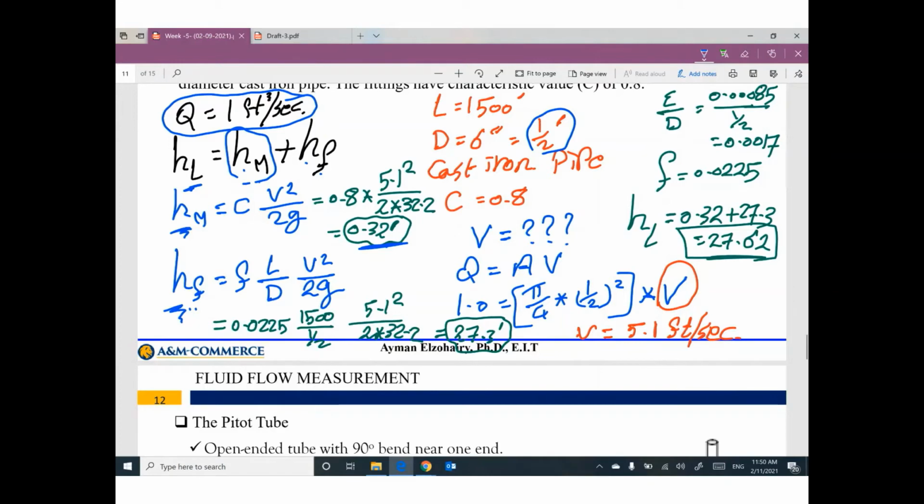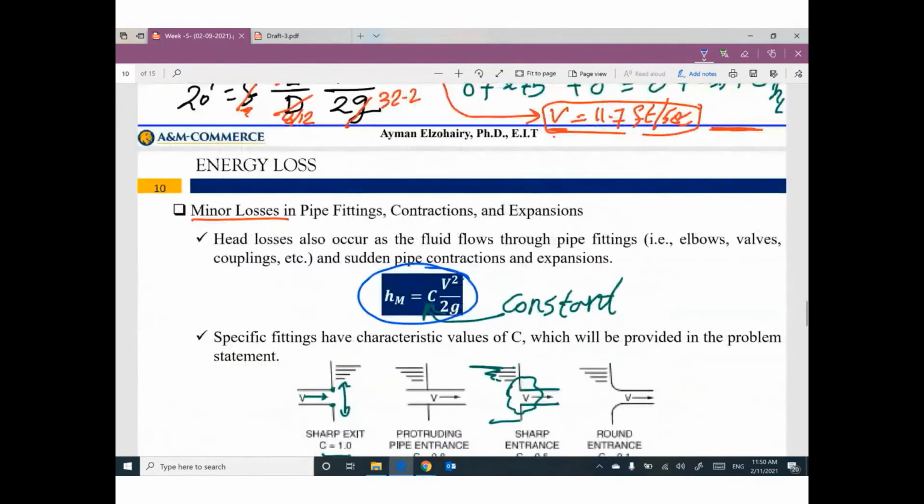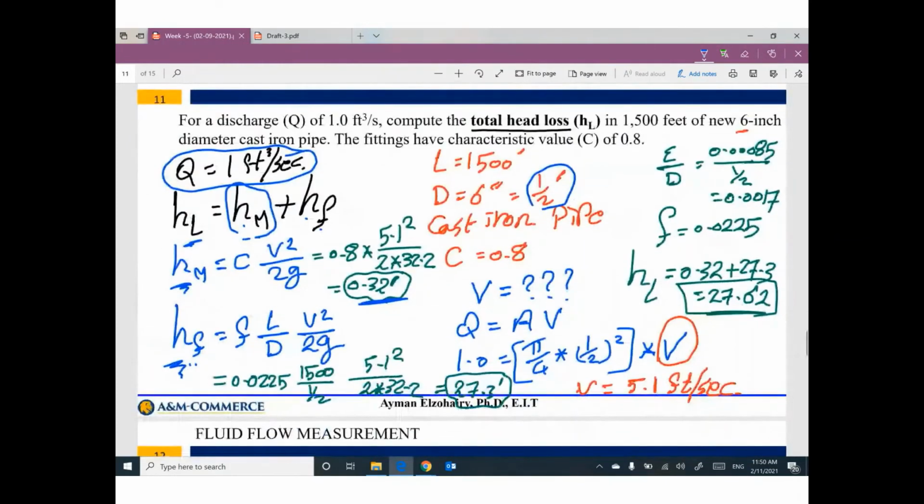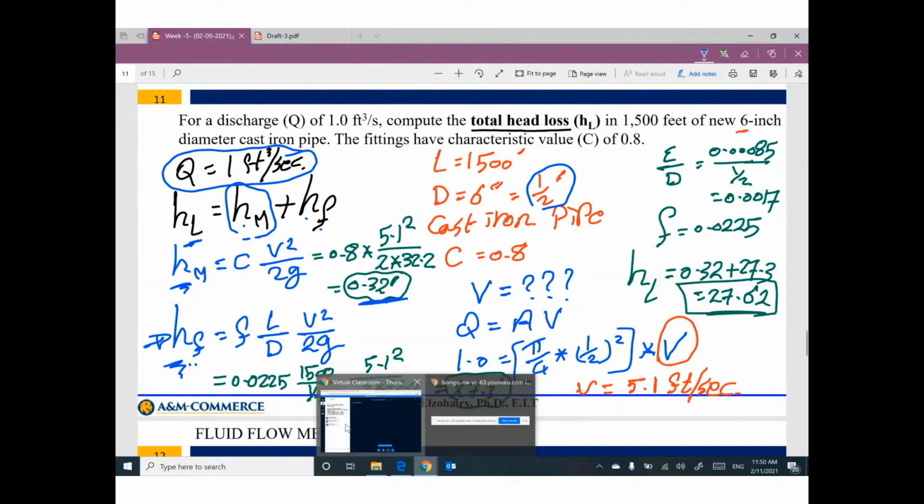That means the minor losses can be neglected. It's very small if you would like to neglect it. The main losses come from friction. That makes sense?